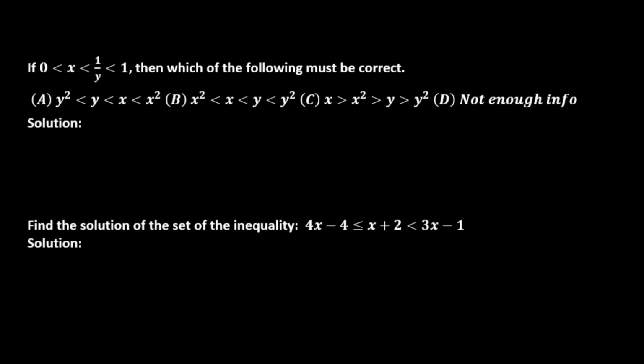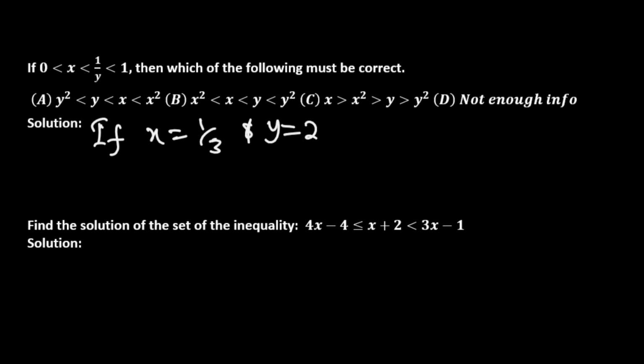So you notice that if x is 1 over 3, you can take y as 2. And if x is there and y is 2, you notice that the inequality is satisfied.